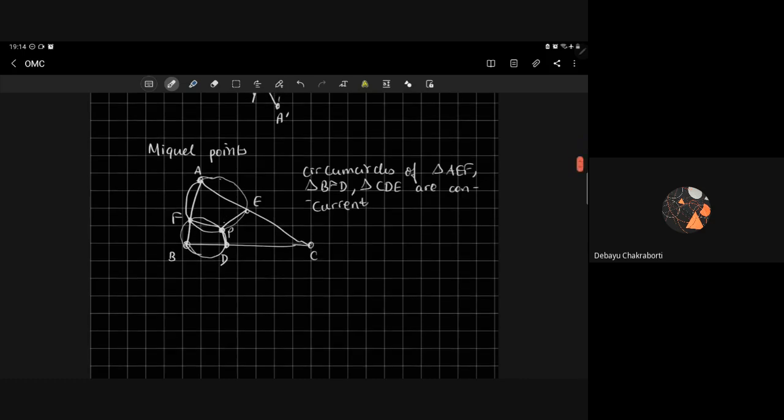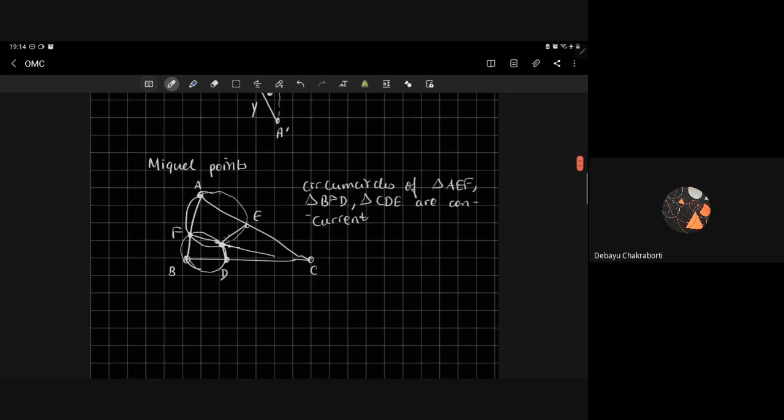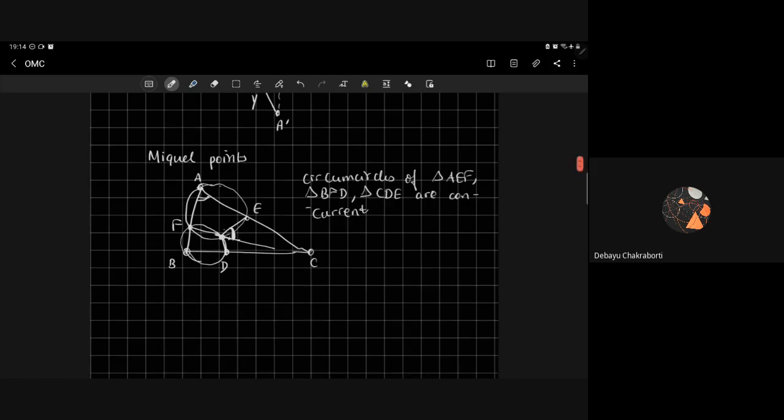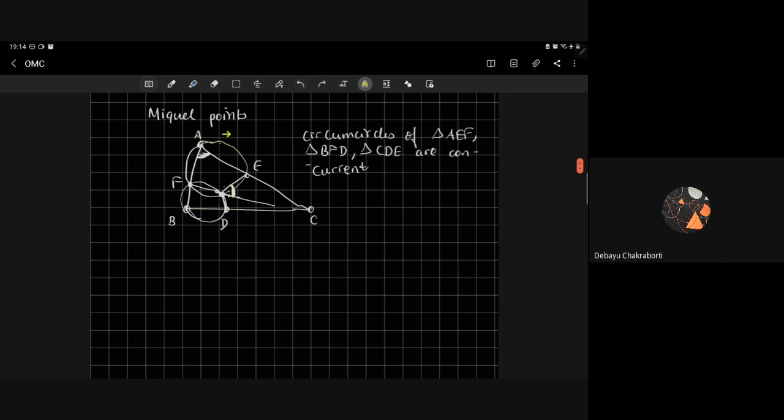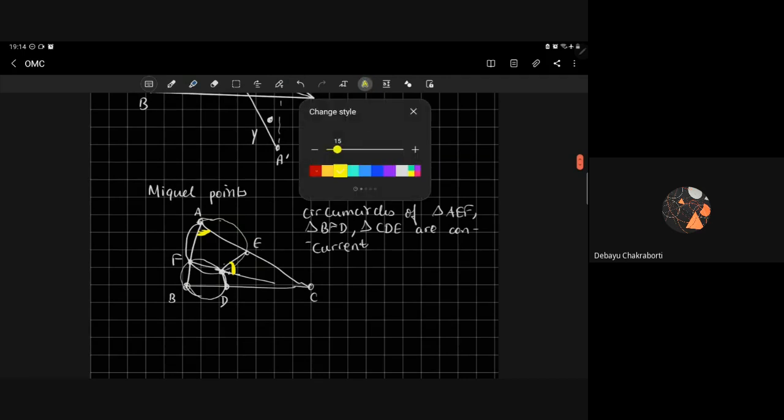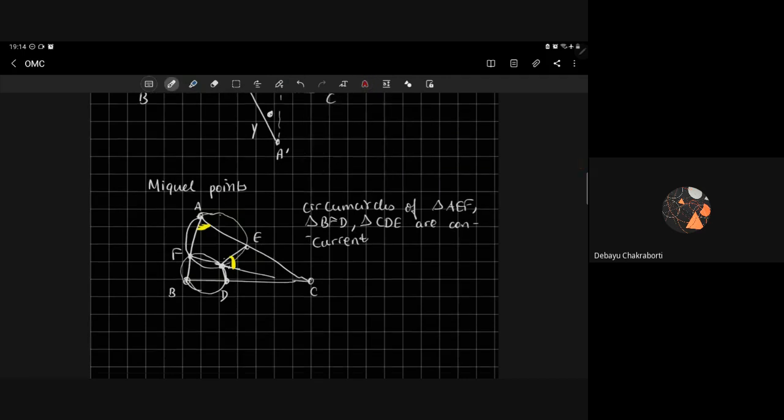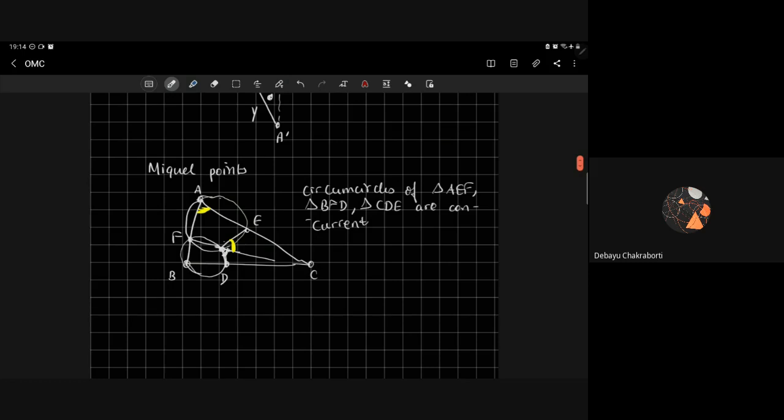If you extend FP slightly, I'll remove P for now. Because of the cyclic quadrilateral AFPE, these two angles are equal. Let's color code them. These two are equal, and one more, this angle and this angle. Does that make sense?